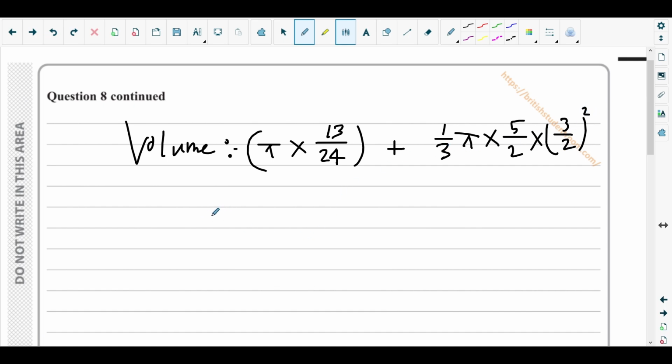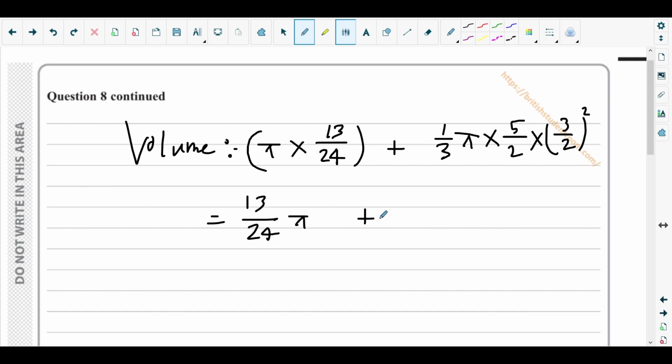Now you just need to do the calculations. You will get 13/24 pi plus 3 squared is 9, so 9/4. 9/4 times 5/2 is 45/8. So 45/8 times 1/3. What will you get?